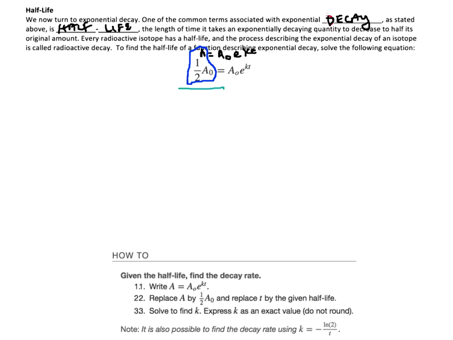So we divide A sub 0 off of both sides, and that leaves us with 1/2 equals e to the kt. We can now take the ln of both sides.